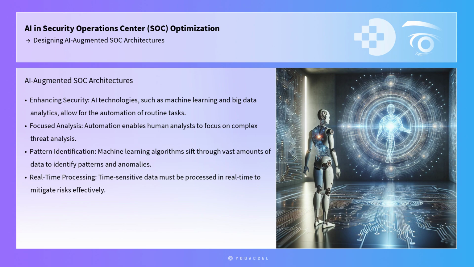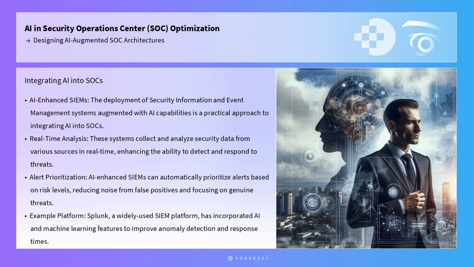risks effectively. A practical approach to integrating AI into SOCs is the deployment of security information and event management systems augmented with AI capabilities. These systems collect and analyze security data from various sources in real time. AI-enhanced SIEMs can automatically prioritize alerts based on risk levels, reducing the noise caused by false positives and allowing security teams to concentrate on genuine threats.